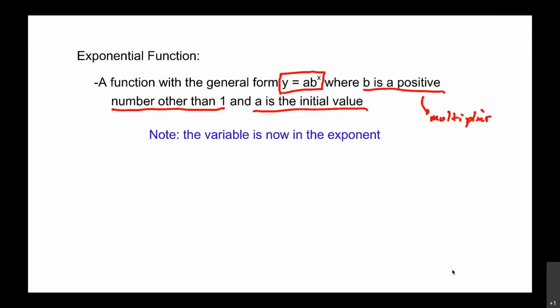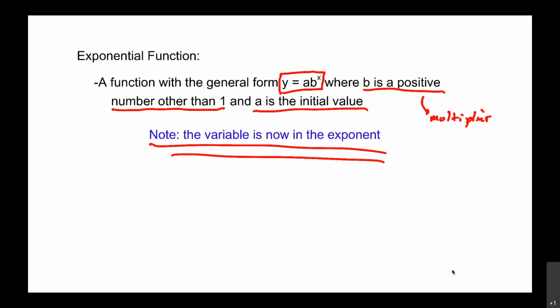One thing I want you to notice: how do you recognize whether something is an exponential function? Let's say I did not give you an actual table, like we were doing before. How do you know if it's exponential? It's right here. Note, the variable is now in the exponent. If your x is in the exponent, that is an exponential function. It's not just because you have an exponent.